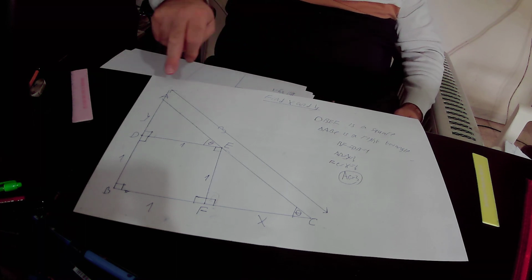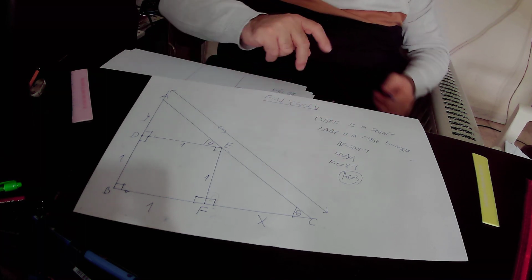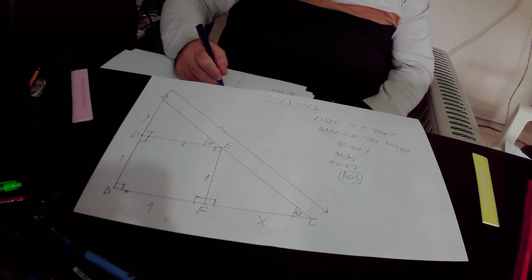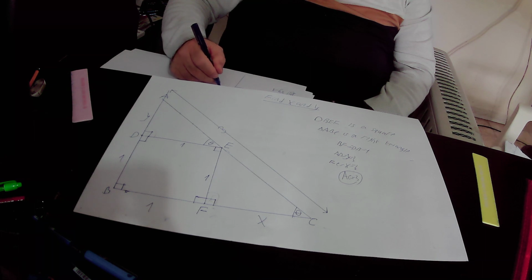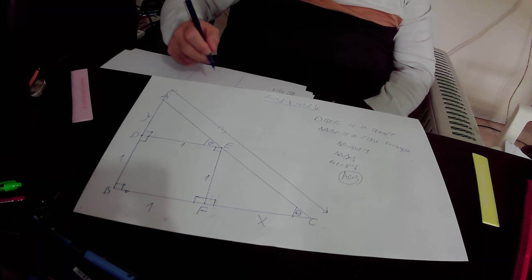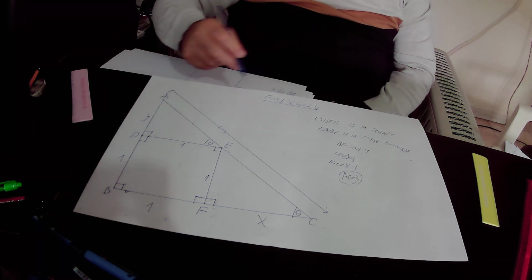The hypotenuse in the right triangle, triangle ABC is AC, so the square of the hypotenuse is AC squared, and it equals the sum of the squares of the perpendiculars, that is to say it equals AB squared plus BC squared.